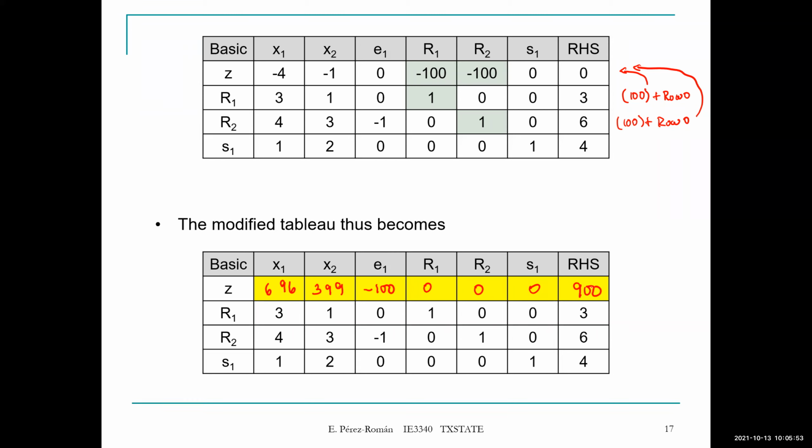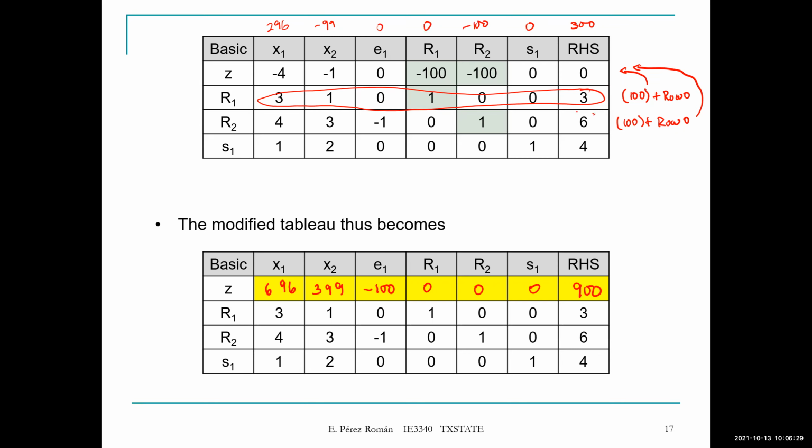So 100 times this row is going to be 300 minus 4 is 296. 100 plus minus 1 is minus 99. This is going to be 0. This is going to be 0. This is going to be minus 100. This is going to be 0. And this is going to be 300. So that's the first operation.